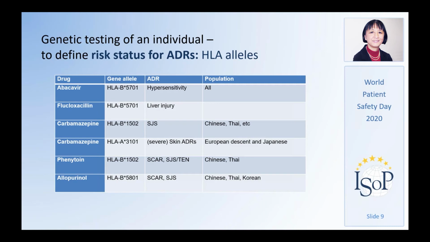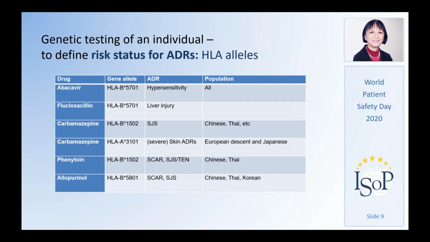For the drug carbamazepine, if you are a Chinese or Thai individual, the risk for severe skin reactions like Stevens-Johnson syndrome will be increased if you carry the HLA-B*1502 allele. However, if you are of European descent or a Japanese individual and take carbamazepine and have the gene allele HLA-A*3101, you will have increased risk for all kinds of skin reactions, not only the severe Stevens-Johnson syndrome.